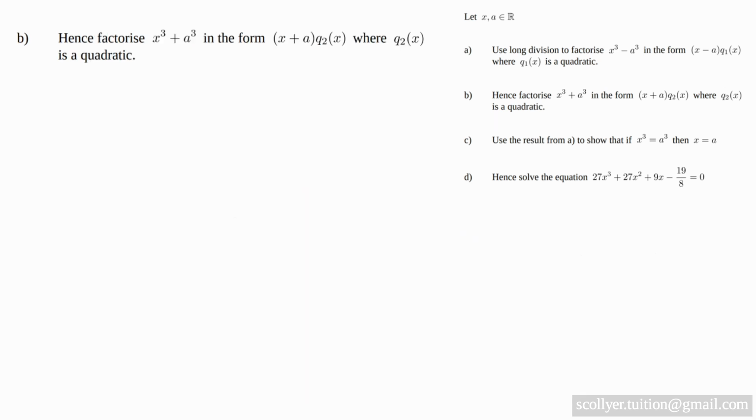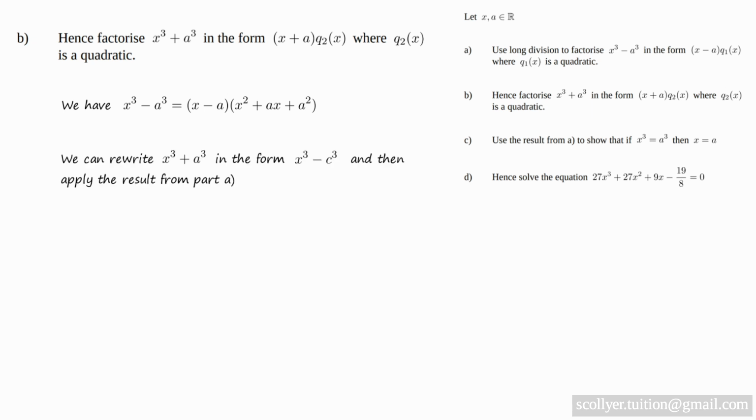Part B. Hence factorise x cubed plus a cubed in the form (x plus a) times q2 of x, where q2 of x is a quadratic. So from part A, we have that x cubed minus a cubed equals (x minus a) times (x squared plus ax plus a squared).